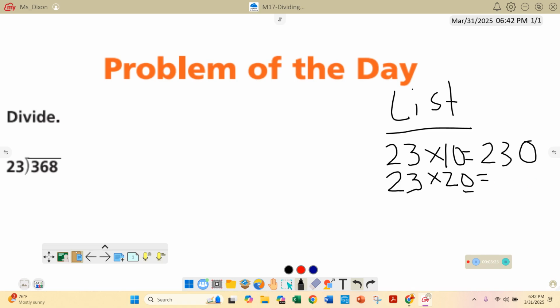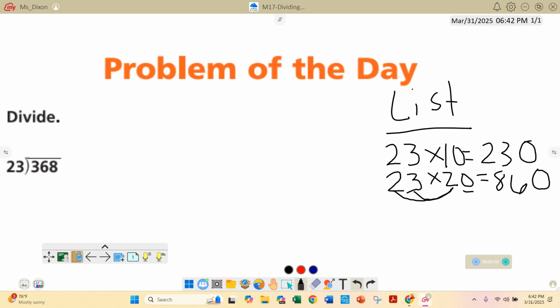All right, I know I still need that 0. And then 3 times 2 is 6. And then 2 times 2 is 4. And we see that taking out 20 groups is going to be too much. So 10 groups would be the largest number we can take out without going over our dividend.